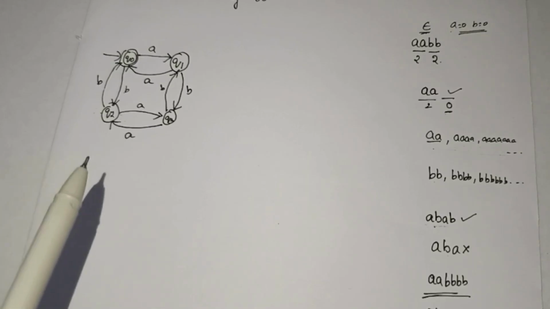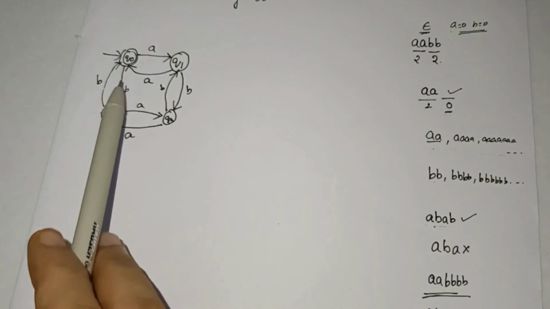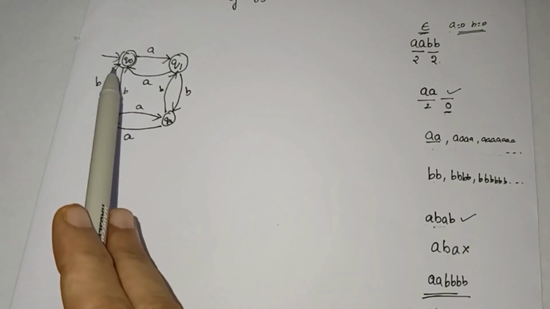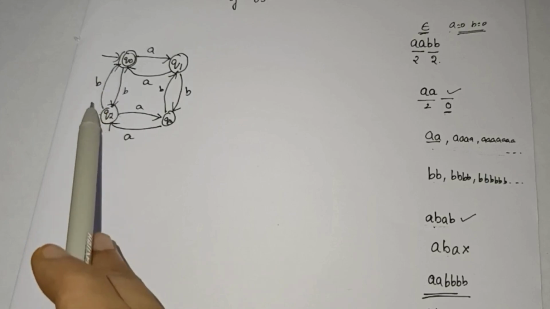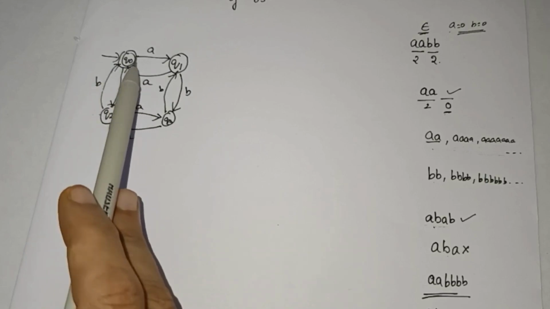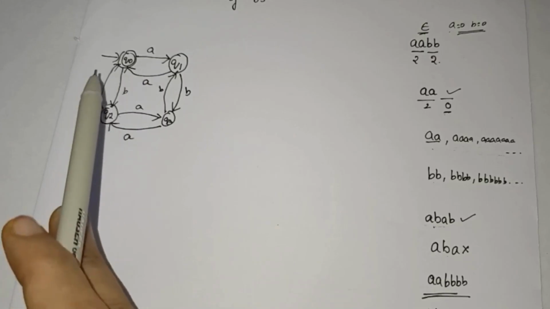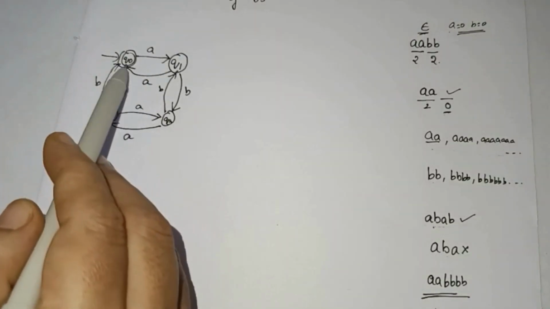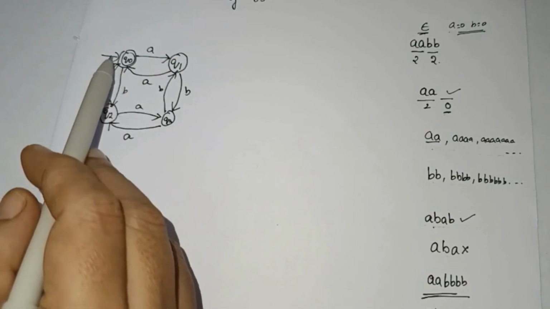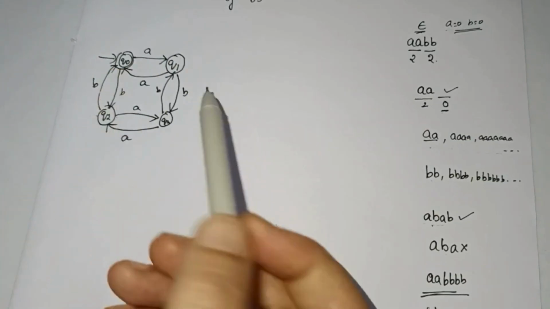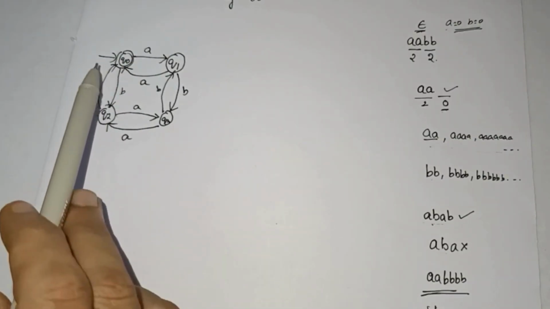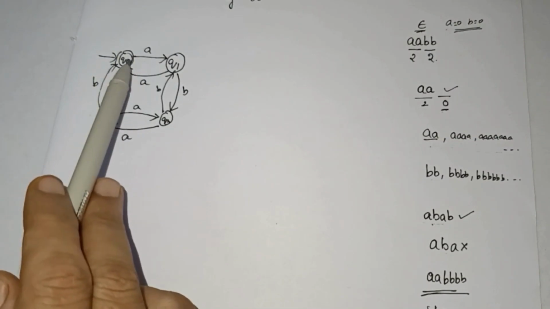If A is 0, I need all even numbers of B's, then I can go for this: 0B, 2B, 4B, 6B, 8B, like that all even B's I will get. With this all even A's I will get. 2 A's, 4 B's I will get. 4 A's, 6 B's. So even A's followed by even B's is done. Even B's followed by even A's is done.